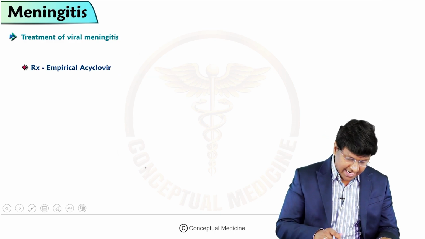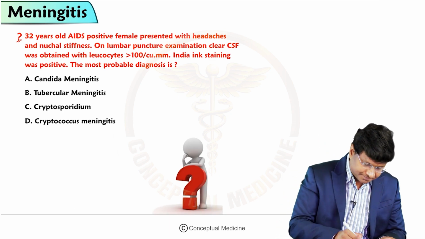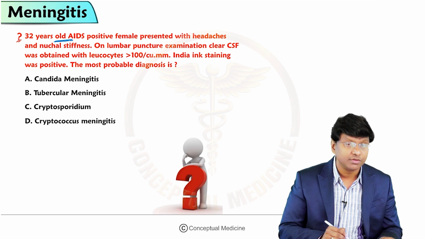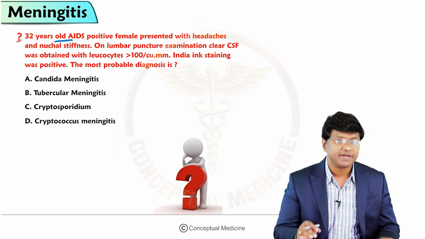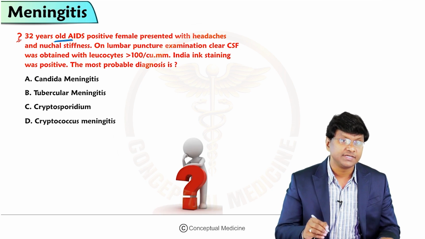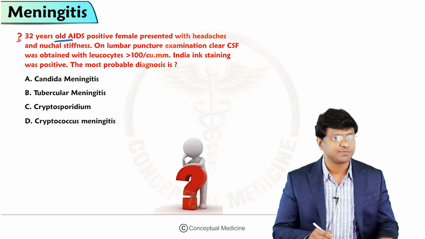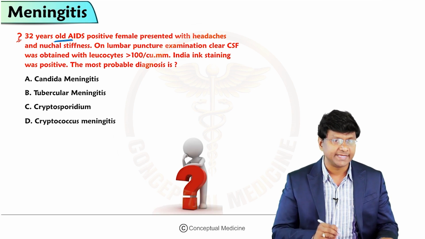Now after having discussed viral meningitis, you see one more clinical scenario. A 32-year-old HIV positive female presented with headache and nuchal stiffness. On lumbar puncture, clear CSF was obtained with leukocytosis of more than 100 cells per cubic millimeter. India ink stain was positive. What is the most likely diagnosis?